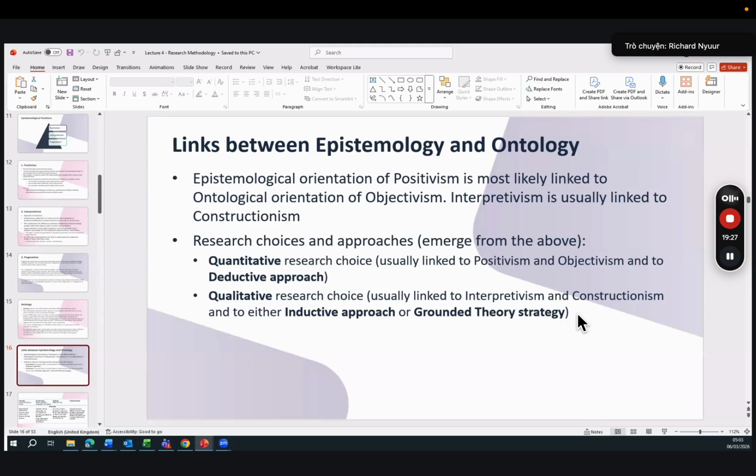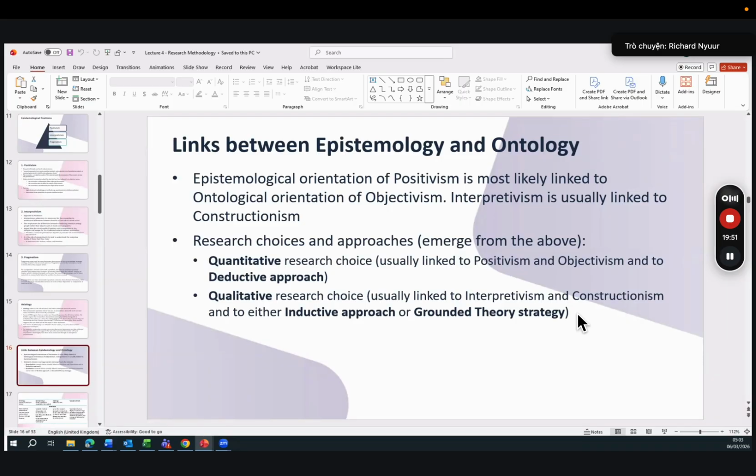Just understand it and provide a brief summary explanation of the research philosophies and which of the philosophies you are adopting and why.